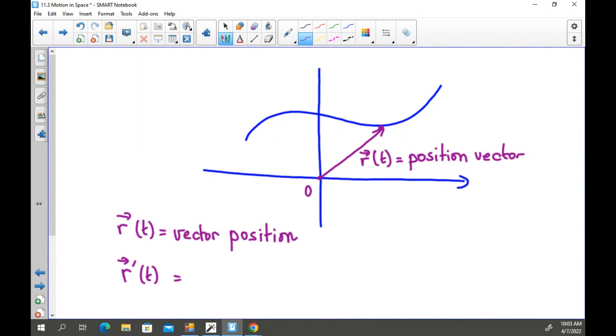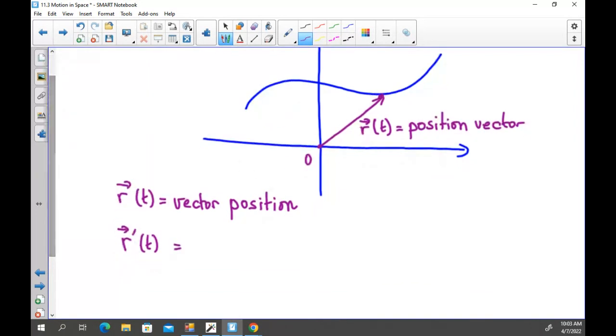The velocity? I'm sure you have done all of this in physics. So if you differentiate the position, you will get the velocity of this particle, which is also a vector. And in fact, it's a vector. We may have mentioned this before.